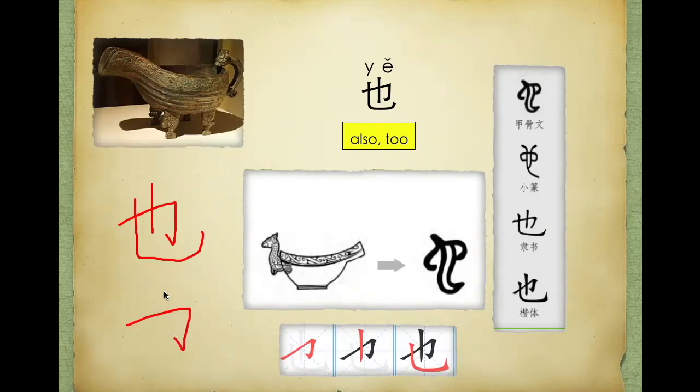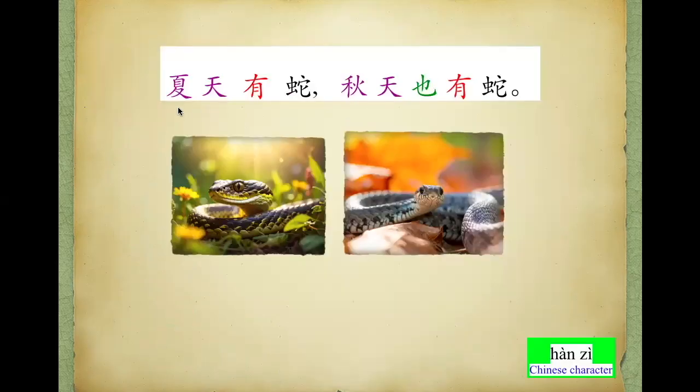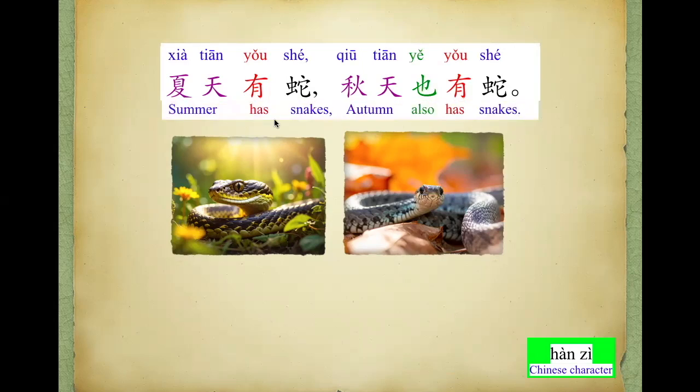也. 夏天有蛇，秋天也有蛇。Summer has snakes. Autumn also has snakes. Or you can translate, there are snakes in summer.